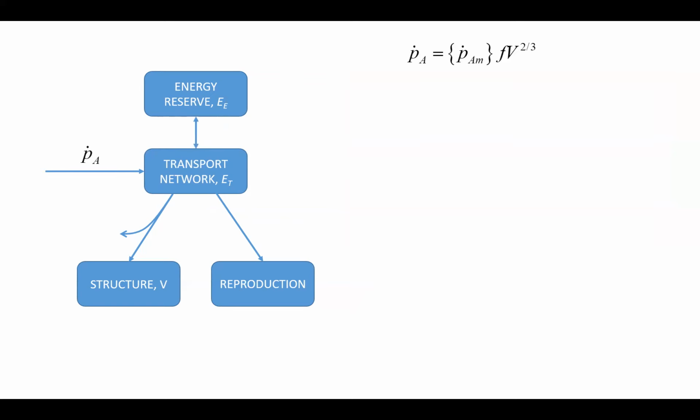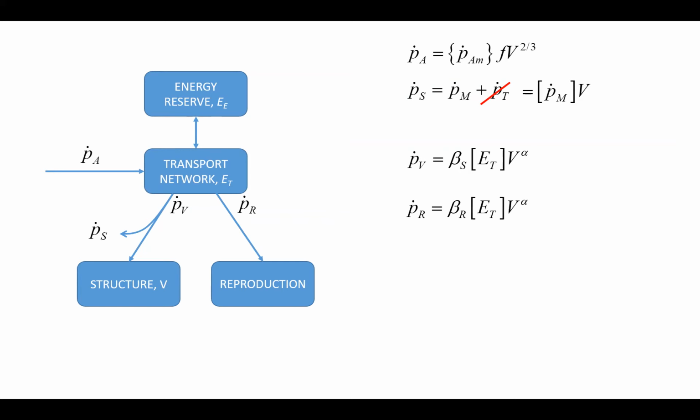Let's specify all the fluxes. So these are familiar from the standard DEB. Assimilation, maintenance, let's ignore heating for simplicity. The flux to the somatic branch is proportional to the energy density in the transport network and the area. Same for the reproductive branch.